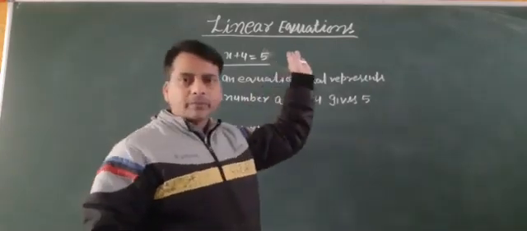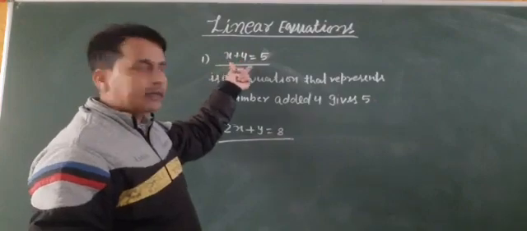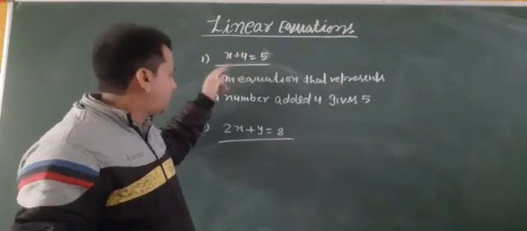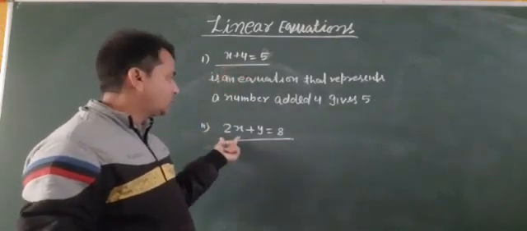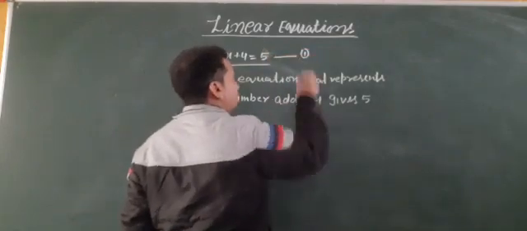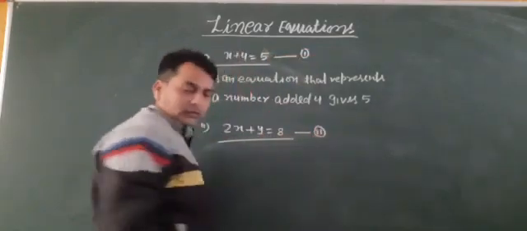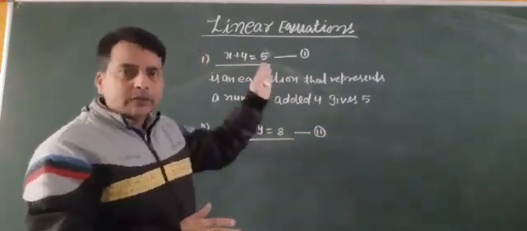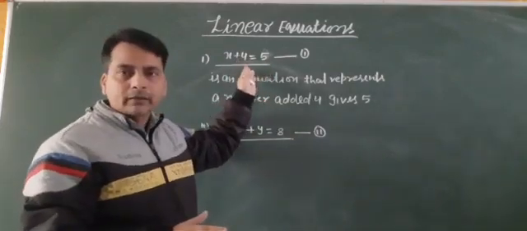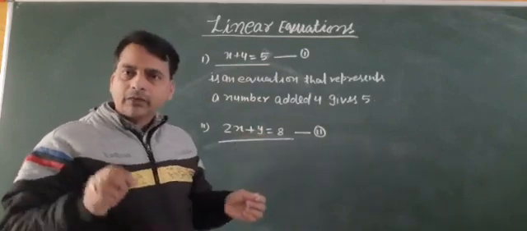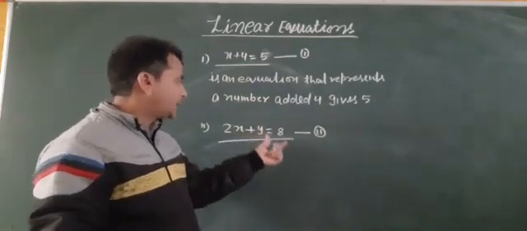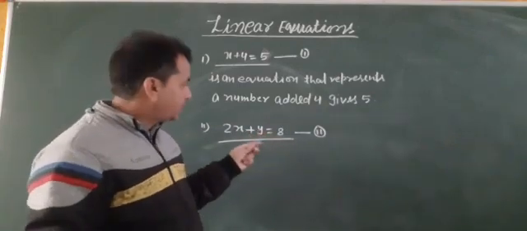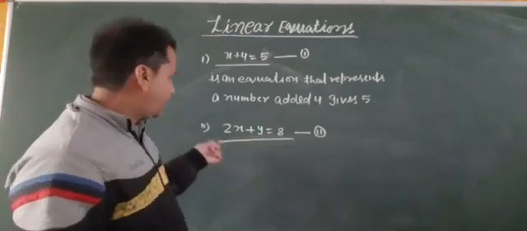So now the difference between 1 and 2. Here is one literal, so it is known as a linear equation in one variable. For the comparison between equation 1 and equation 2, the first equation has only one literal, that is known as a linear equation in one variable, and the second has two literals, that is called a linear equation in two variables.